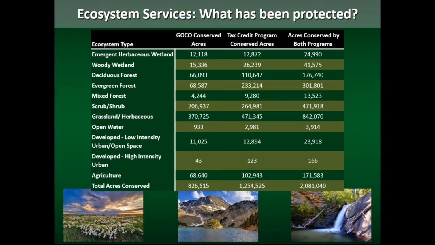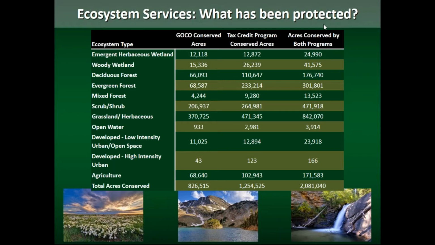11 different types of ecosystem services. And you can see those in the first column, from wetland to forest to mixed scrub to agriculture and the like. The easements were placed against all of these different types of ecosystems. And you can see in the first numeric column the number of acres under the lottery.